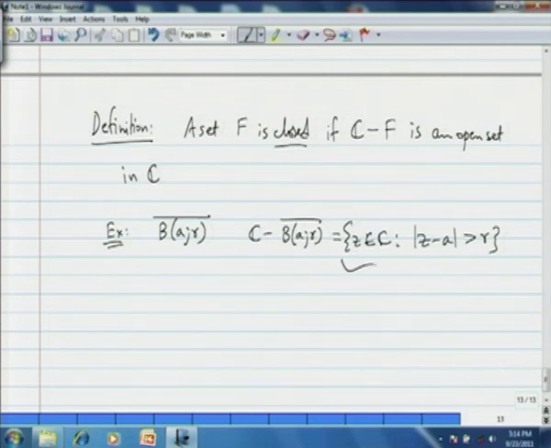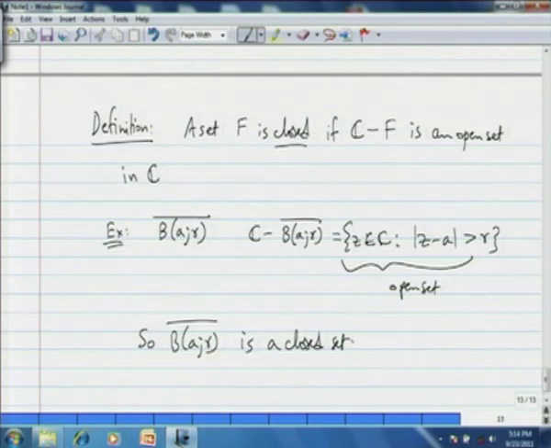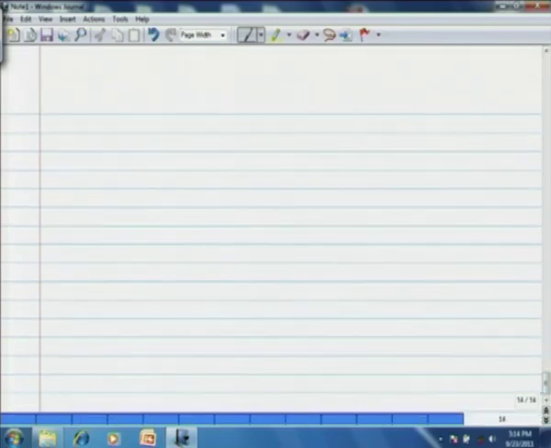So, B A r bar is a closed set. And we will see more examples as we go along.